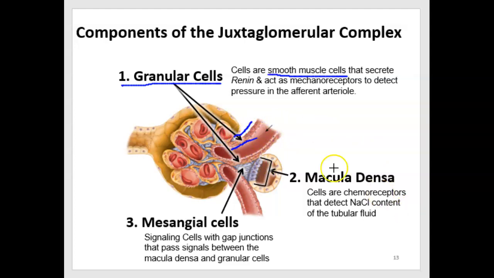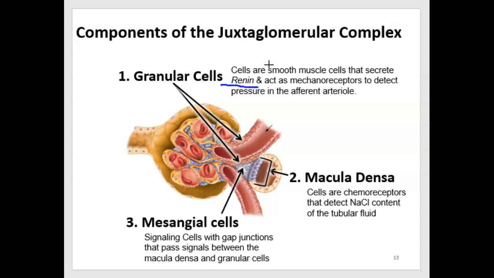Now these cells, as you can imagine, since they're smooth muscle, can contract, and that would constrict the afferent arteriole. But these cells are so unique, they also secrete a hormone that you've heard of called renin. So these are very unique smooth muscle cells. Not only can they constrict and contract and cause vasoconstriction, but they make a hormone, renin.